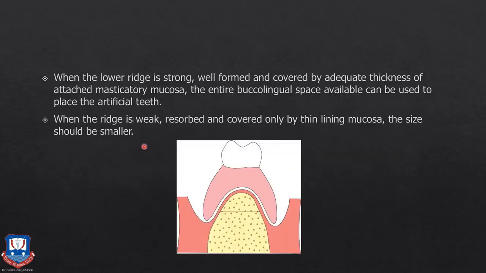Next, when the lower ridge is strong, that is, we have tall, well-rounded ridges sufficiently covered by thick stratified squamous epithelium or attached gingiva, then we can afford to have teeth which are larger in their buccolingual width. But if we have knife edge ridges or flabby ridges, then we cannot have larger teeth. We should select the buccolingual width based on a smaller tooth mold.